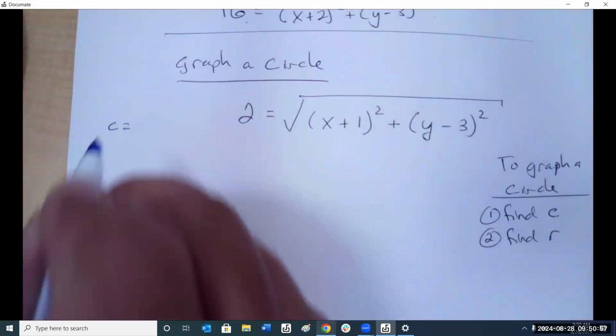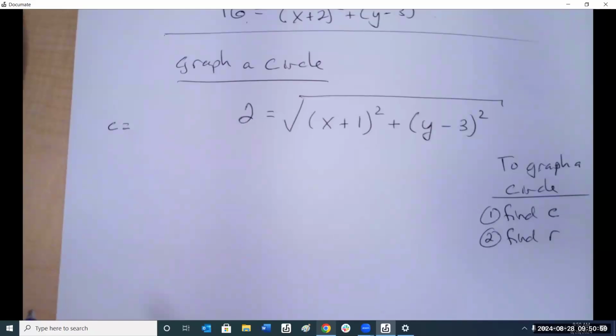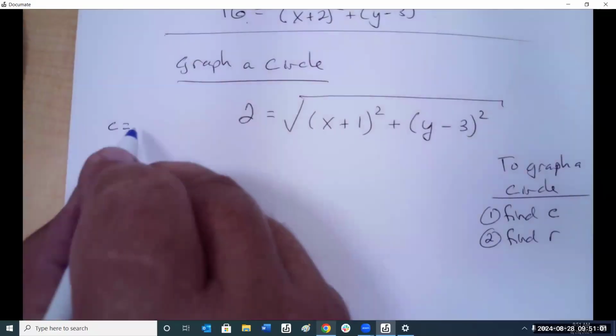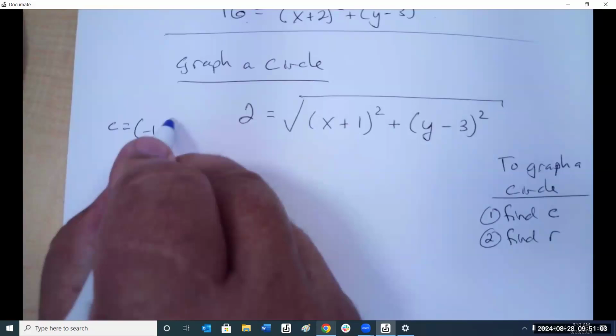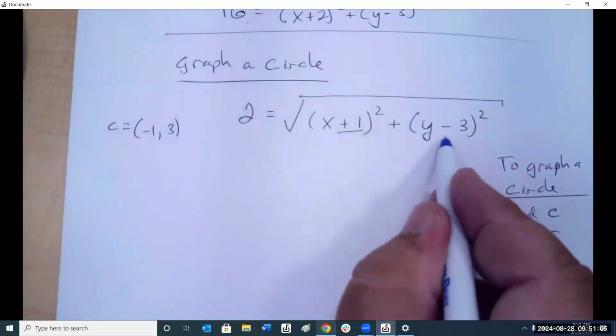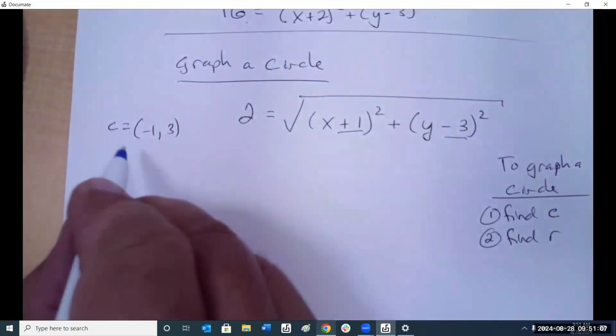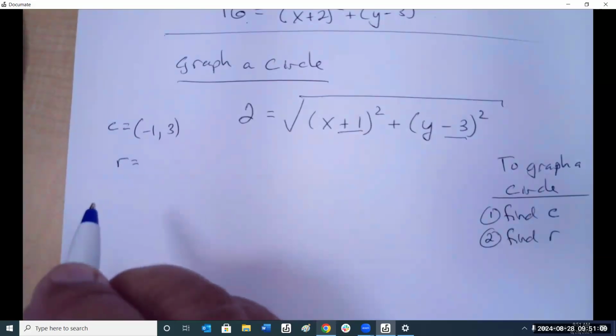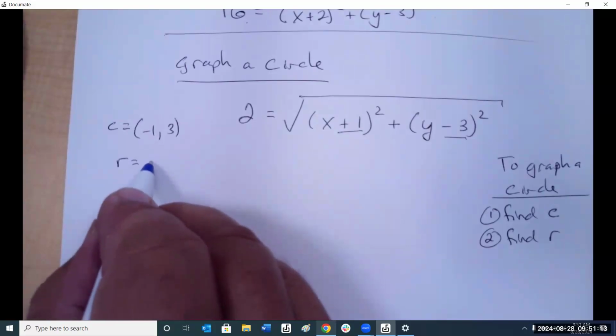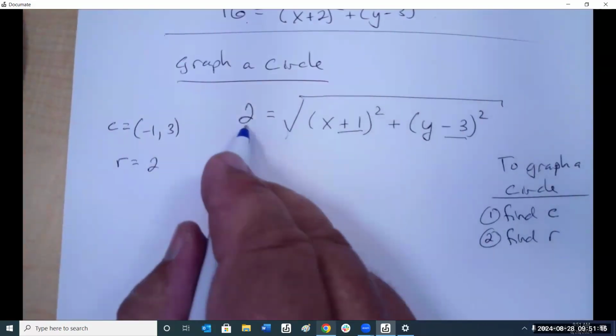What is our center? Positive. Right. -1, positive. It's always the opposite. What's our radius? Yep, because the square root's on this side, that's just r.